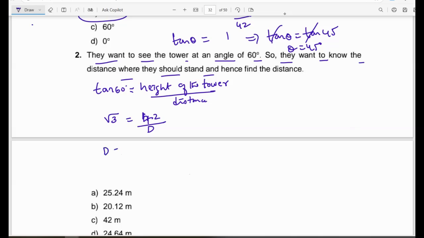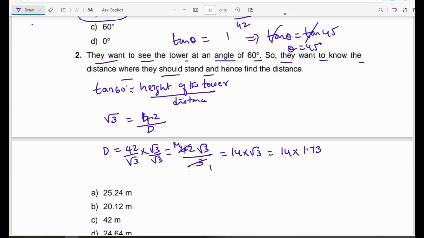So distance will be 42 divided by root 3. Rationalize it: multiply by root 3 divided by root 3. So that will be 42 root 3 divided by 3. It can cancel: 3 ones are 3, 3 fours are 12. So it will be 14 into root 3. If you take root 3 as 1.73, 14 into 1.73, you get the answer as 24.25 meter. So here the answer is the first option, but they have given it in reverse.